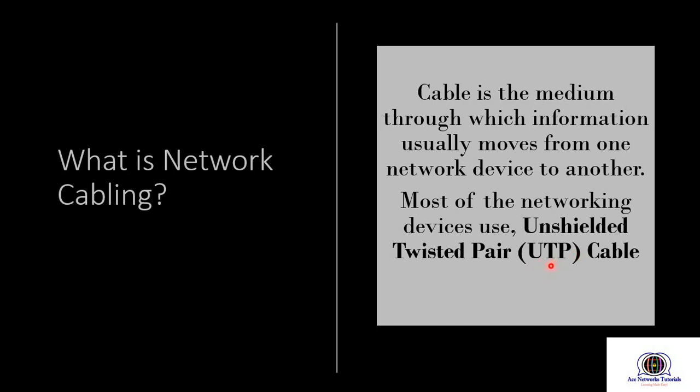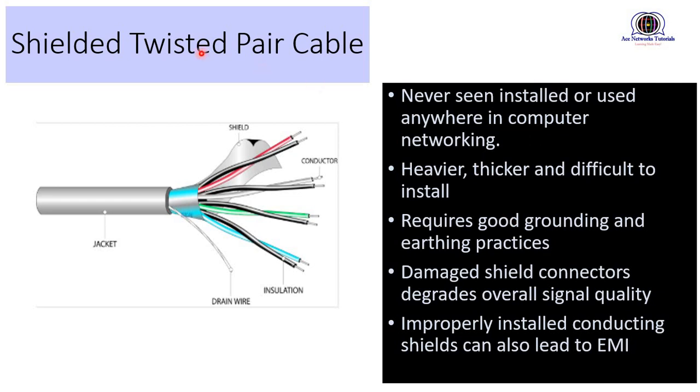Before we go further with the types of cables, let us first study what is STP cable and what is UTP cable. Shielded twisted pair cable. On the left side, the figure shown is of an STP cable.